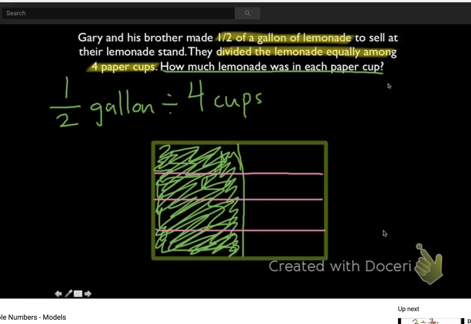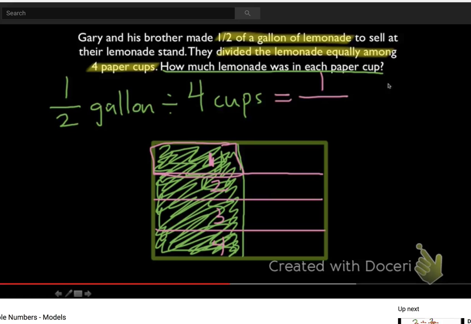Now I want to figure out how much lemonade was in each paper cup. So let's see how many parts are shaded. We have 1, 2, 3, 4, which tells us that we've successfully divided our half gallon into 4 groups. For each group, we have just 1. That tells us our numerator. And how many total parts do we have?